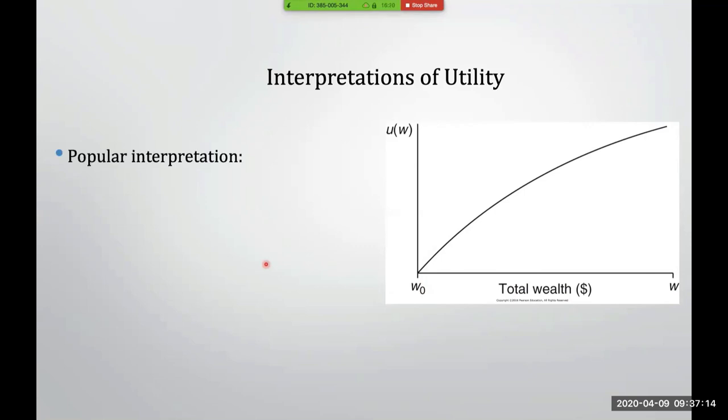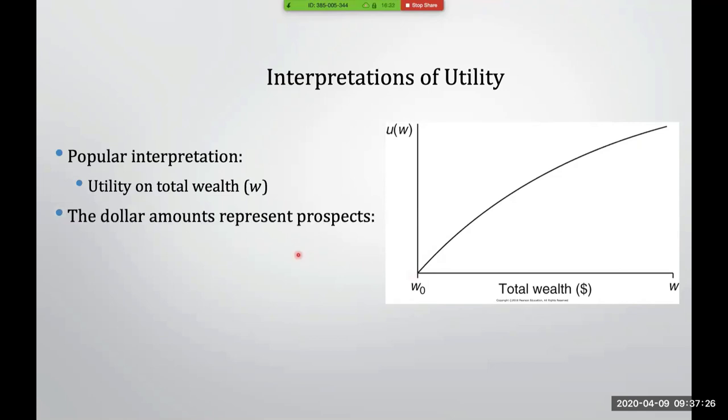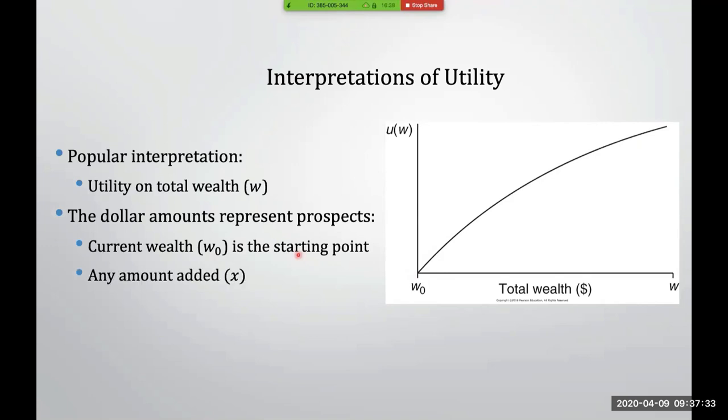So this is the popular interpretation of the U curves. We're typically interpreting the U values as the U values of a person on the total wealth that belongs to her. These dollar amounts represent your current wealth at the starting point, plus any amount that can be contributed by a decision situation.